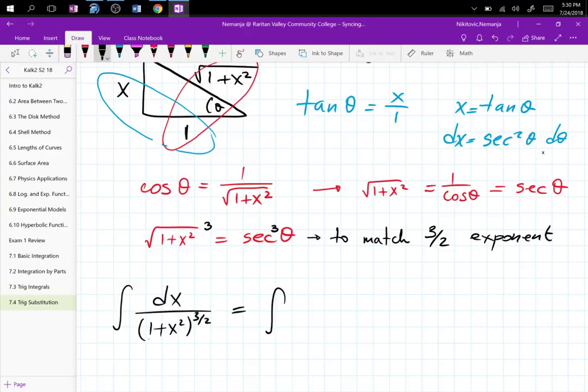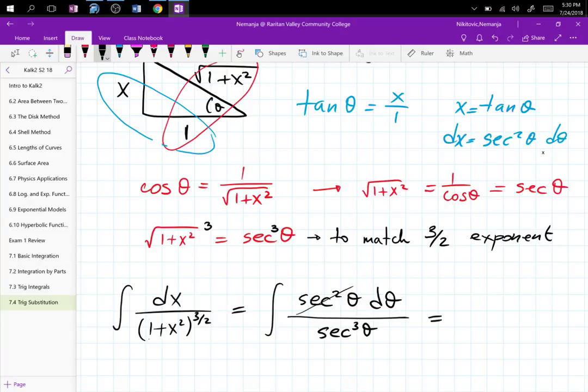Great. Integral. What is the dx? Dx is given as secant squared theta d theta. That's in the numerator, divided by secant cubed theta.